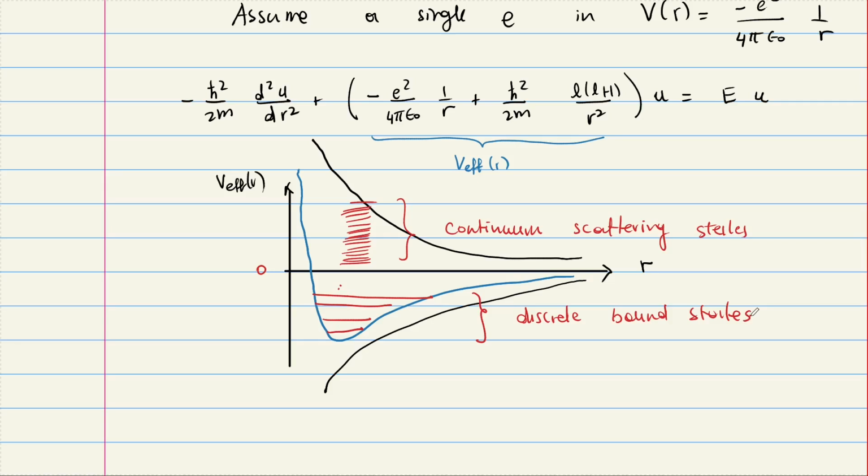And to understand the hydrogen atom, we need to solve it for bound states, because the electron is bound to the hydrogen atom. It's not scattering off. Right? Now we have to assume E is less than 0 in the following. Good.